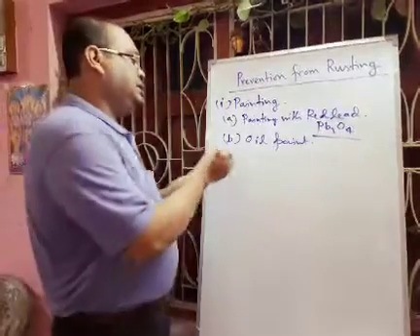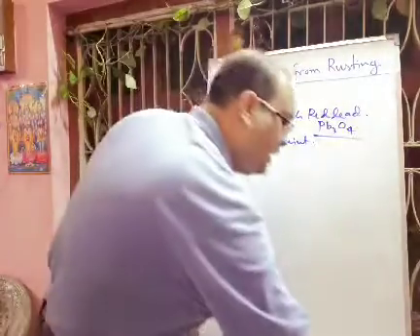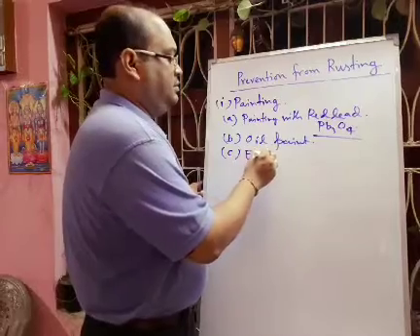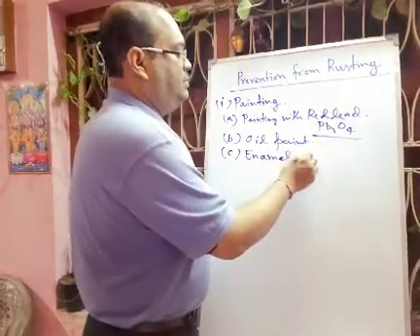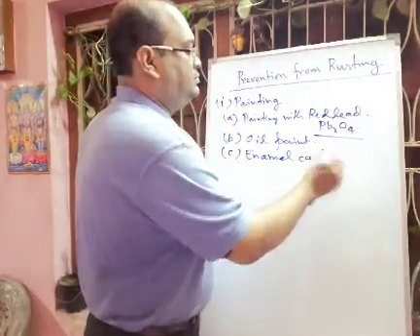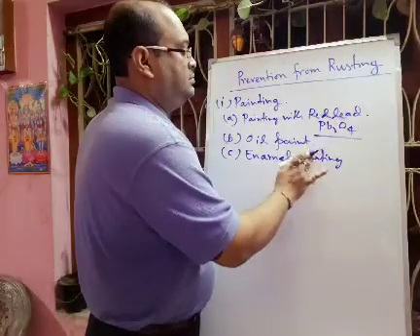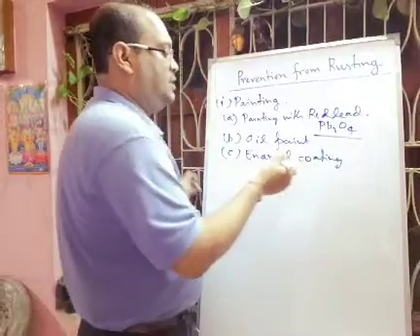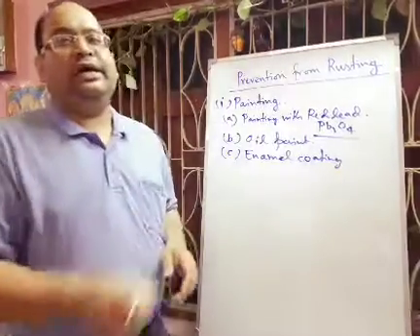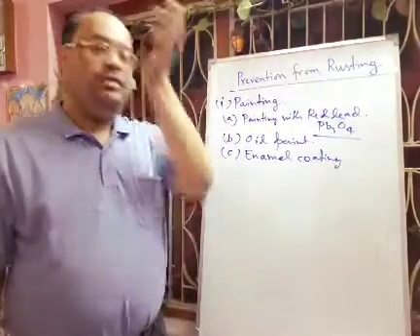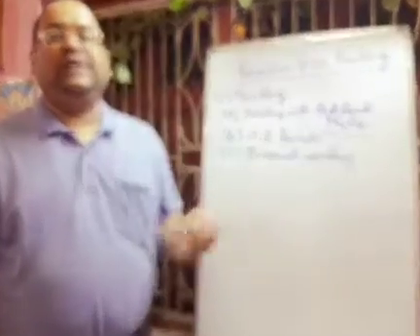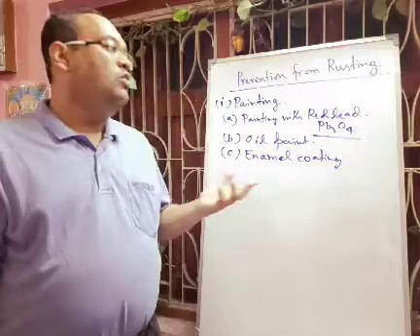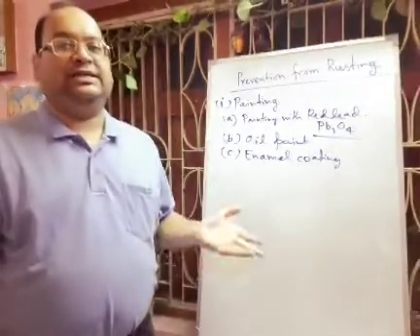Next one is called enamel coating. Now what is enamel coating? Enamel coating is a mixture of iron or steel with silicates, and it is generally used to coat cooking appliances, refrigerators, etc.